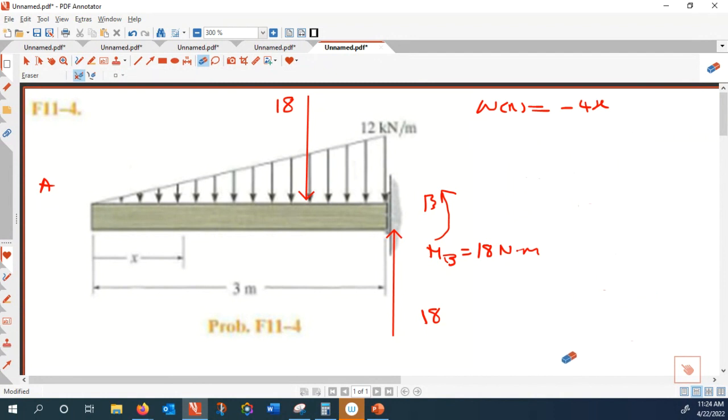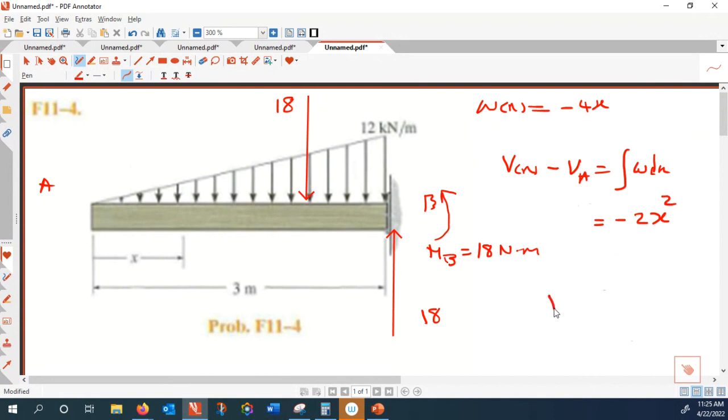All right, now I have W of X. It should be easy to find V of X. The formula is V of X minus V of A is the integral of W of X dx, and that is minus 2x squared. And V of A is 0, right?